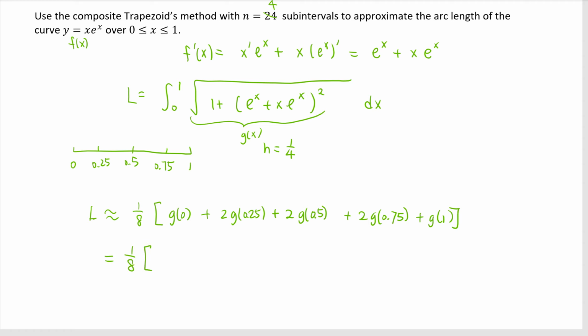Okay, g of 0: square root of 1 plus (e to the 0 plus 0 times e to the 0) squared, right?